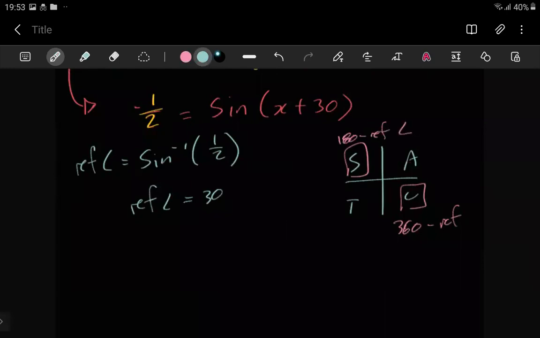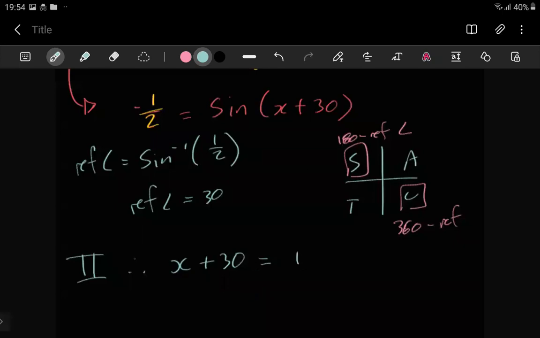So 180 minus our reference angle, that's in the second quadrant, you see. So here we're going to say, therefore, x plus 30 is equal to 180 minus the reference angle.